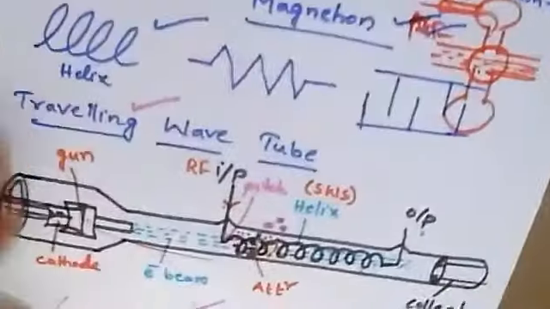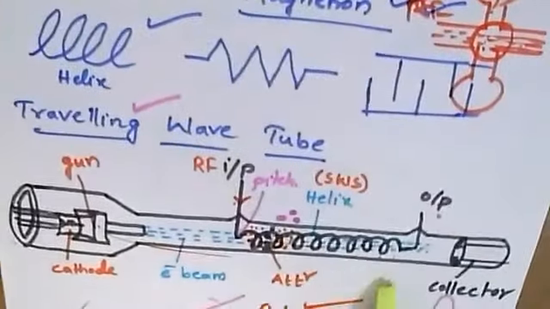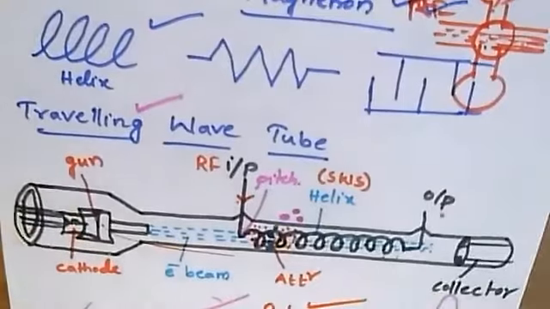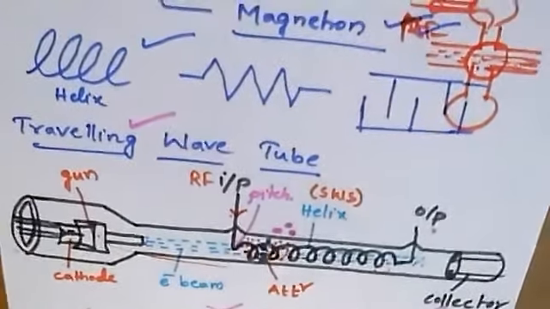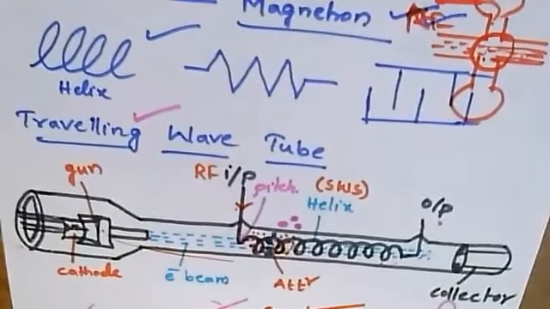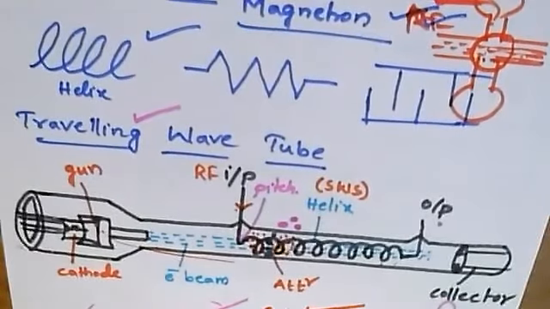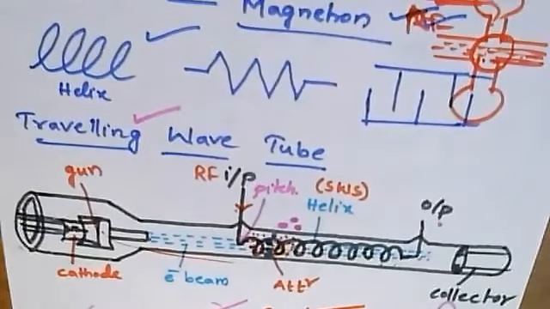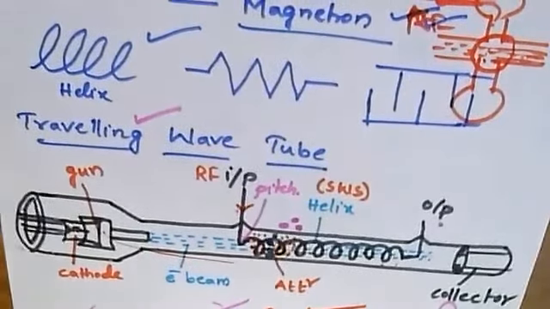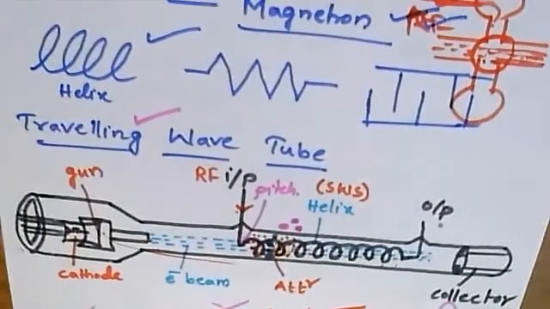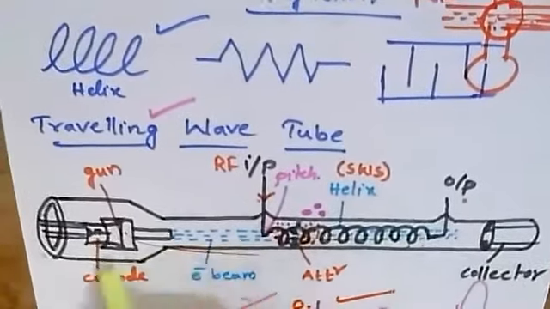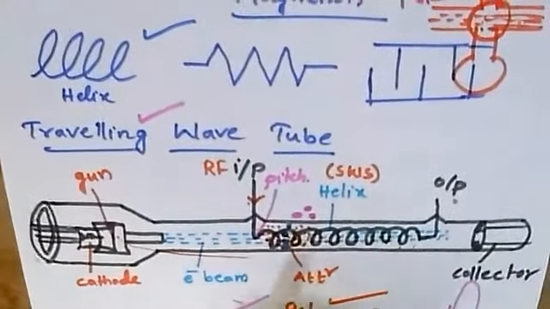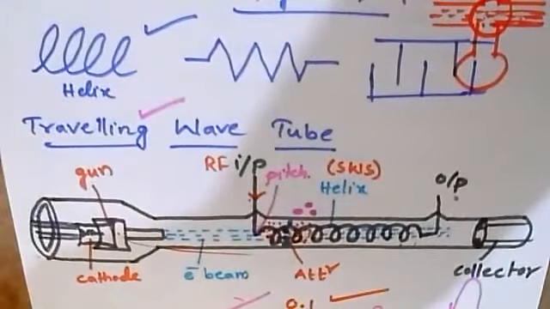I hope you have understood this traveling wave tube amplifier, why it was initiated, what the differences are between the earlier and the present one, what the constructional and operational features are, and how the amplification takes place. Each and every point we have discussed clearly. Still, if you have any doubts, you can put them in the chat box.